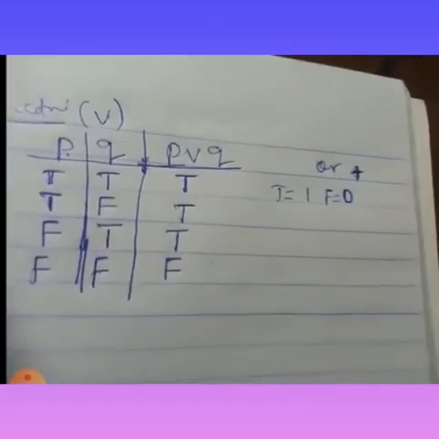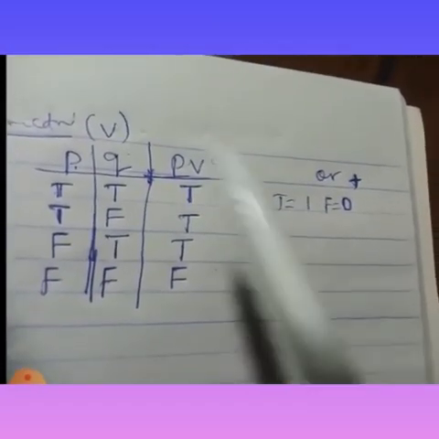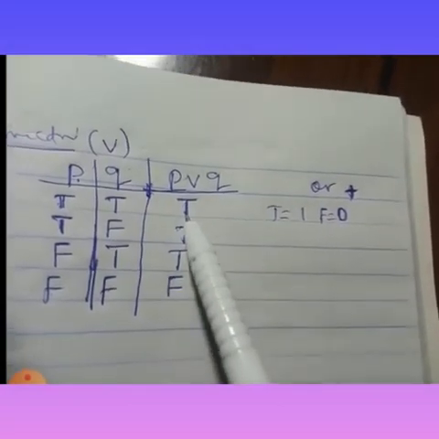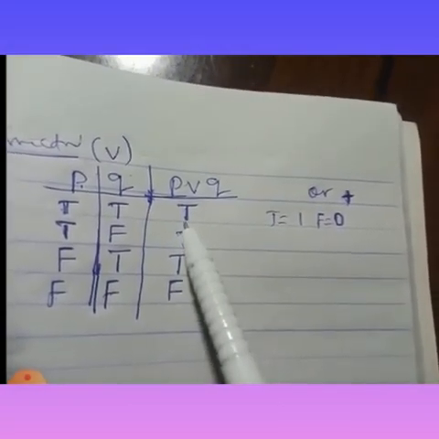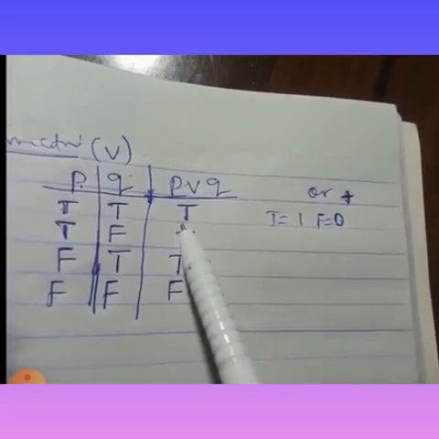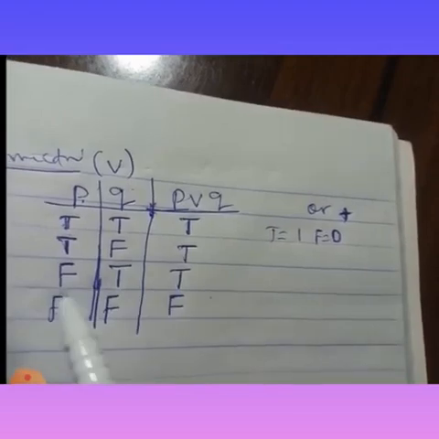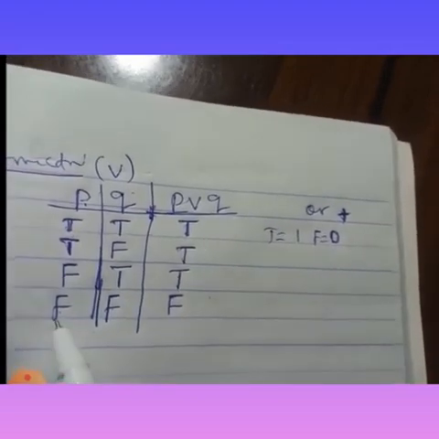So if we have true as 1, then here it will be 1 plus 1. It will be true, 1. In logic gate, there is nothing like 2. Then if we have 1 plus 0, 1, 0 plus 1, 1, 0 plus 0 is 0.